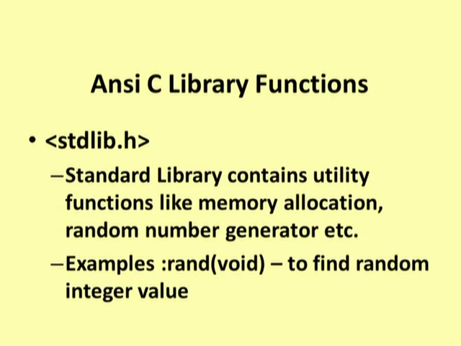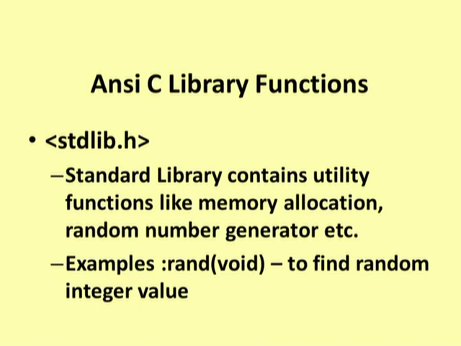Next one is stdlib, the standard library. The previous one was the standard input-output library. This standard library contains utility functions like memory allocation, random number generator, etc. For example, if I want to generate a random number, rand is the function which returns a random integer value.